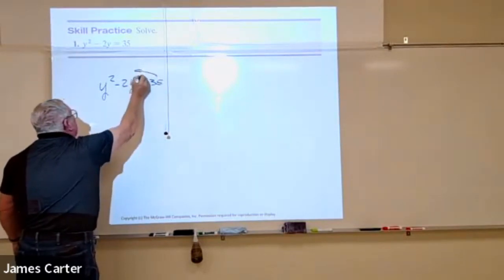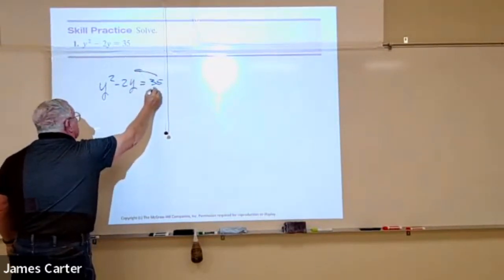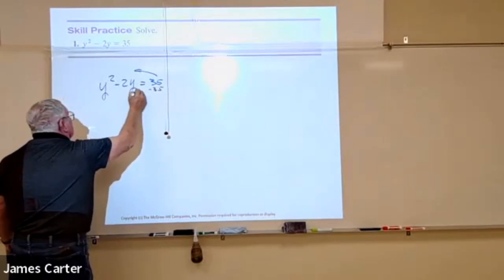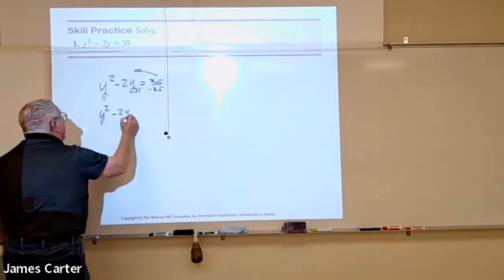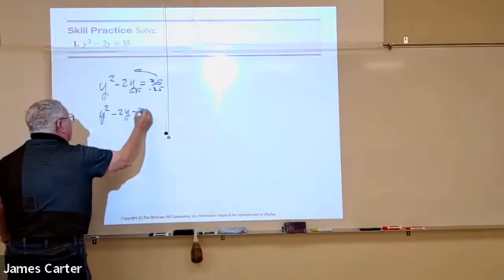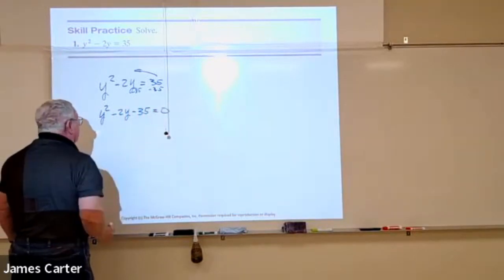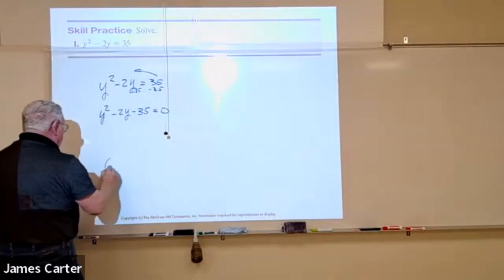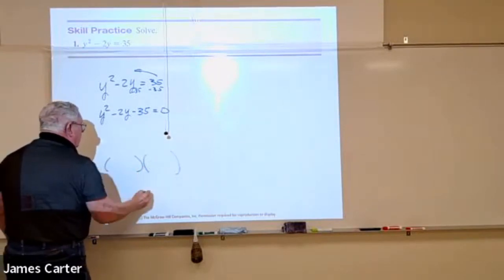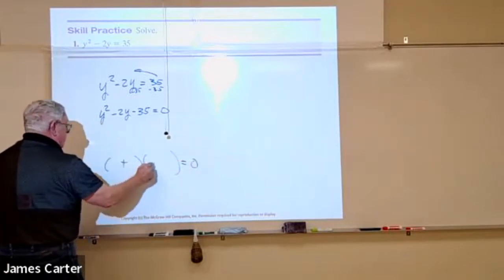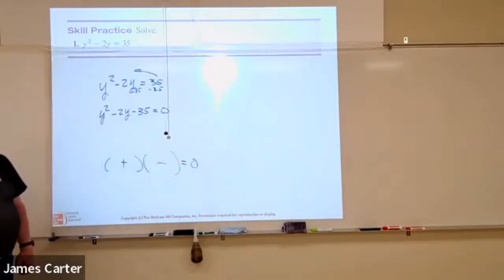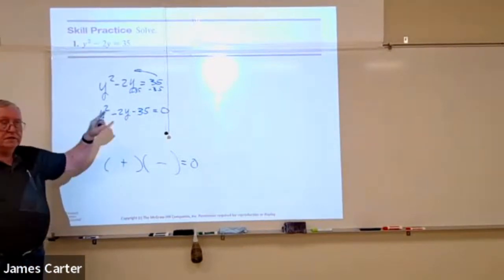So I want to take that over to the other side, minus 35, minus 35, and I get y squared minus 2y minus 35 equals 0. Well, my answer down here is going to look like this, right? Based on rule of signs.